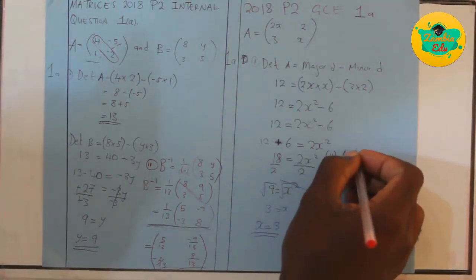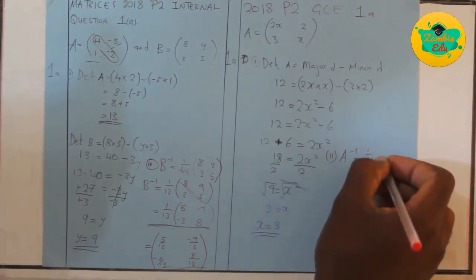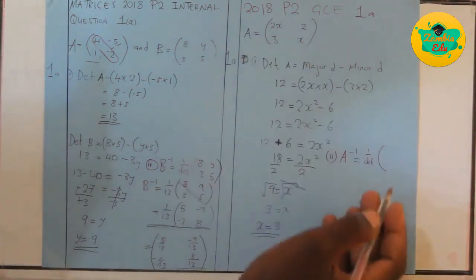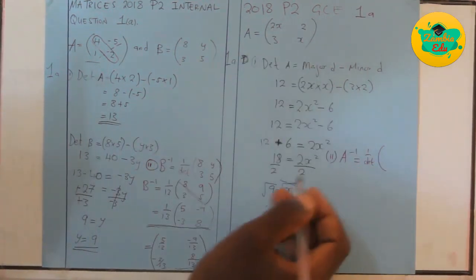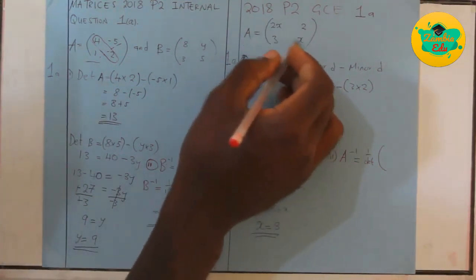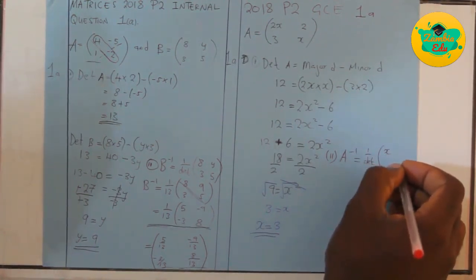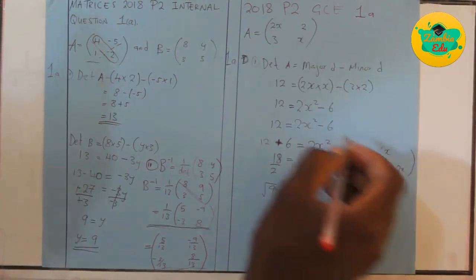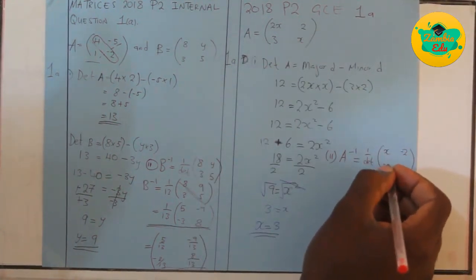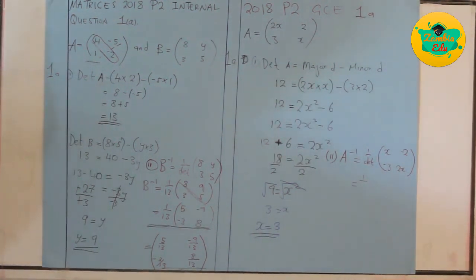So we say A inverse is equal to, we know it should be that way. Let's do this earlier so we don't take long like we did on the other question. Let's swap the major diagonals in advance. Then for the minor diagonal we multiply with a negative, so that's negative 2 and negative 3, which will be equal to 1 over the determinant.